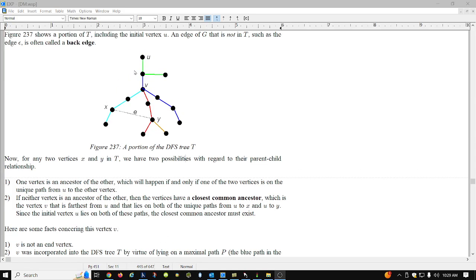So after the blue path is created, focus is down here. If this was the whole tree, we'd be backing up to here, then up to here, then to V. And we notice that V is not closed because it has, in fact, two edges we could follow to form new maximal paths.